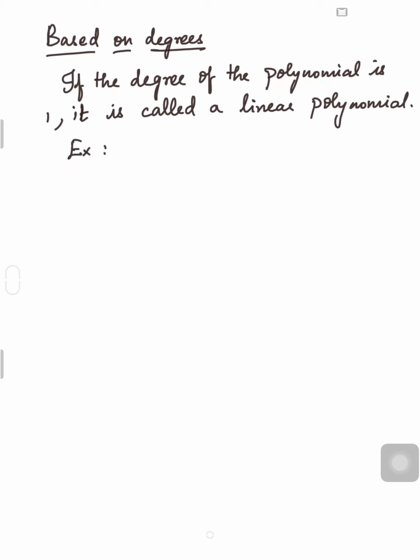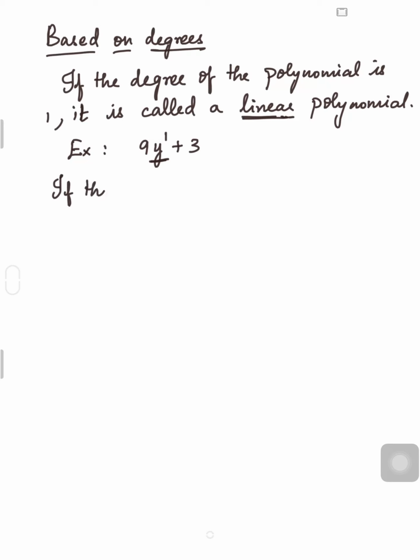For example, 9y plus 3. Now what is the variable used here? Y. What is the power of y here? 1. So the variable power is 1. So here the degree is 1. So it is called a linear polynomial.